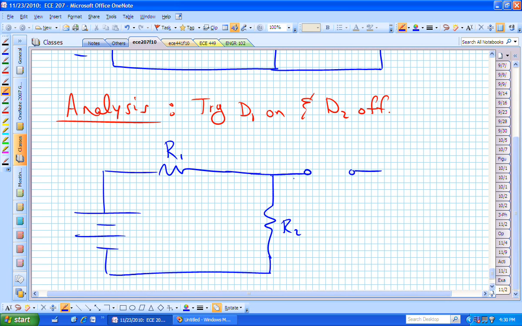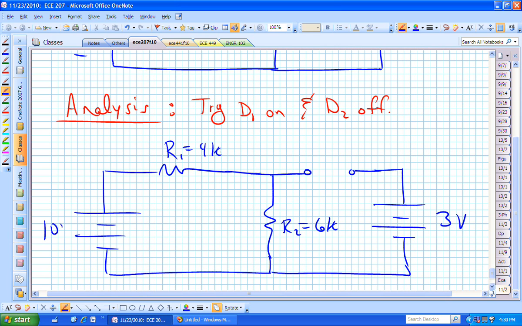So that's like an open circuit. And there's my 3 volts here. This is 6K. This is whatever I said it was, 4K. This is 10 volts plus to minus. That's 3 plus to minus. I have a current flowing here, I1. And I have my voltage across diode 2, from the anode to the cathode, positive to negative, right to left in this diagram, being V sub 2.